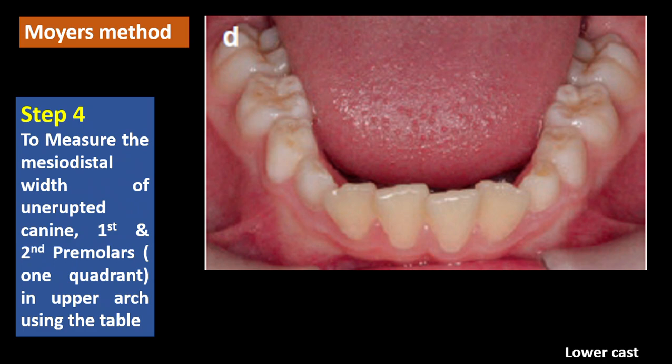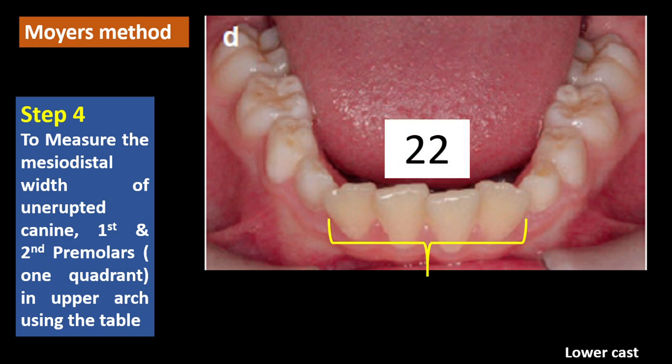Again, in Moyer's method, step 4, to measure the mesiodistal width of the unerupted canine, first and second premolar in the upper arch, we measure the mesiodistal width of the lateral and central incisor of the lower teeth. Remember, again, it's in the lower teeth. And in our example, it is 22.